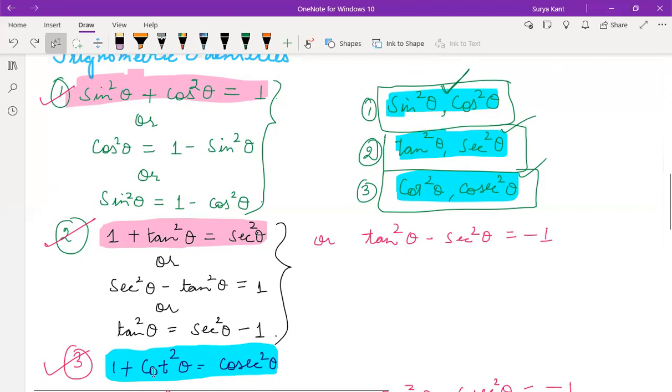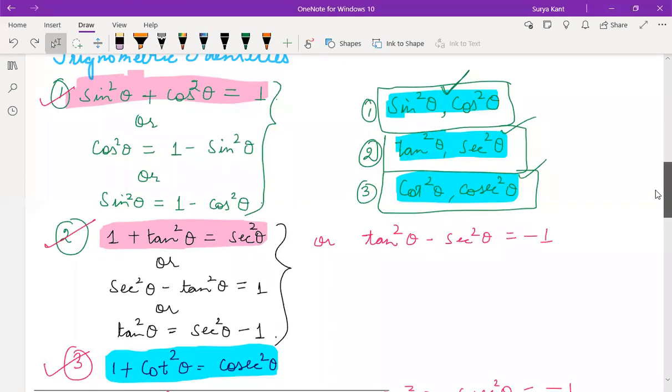Again, 1 plus cot square theta is equal to cosec square theta. Anyone can remember easily, because tan is the complement of cot. So that's the basic, children. This is the last concept.